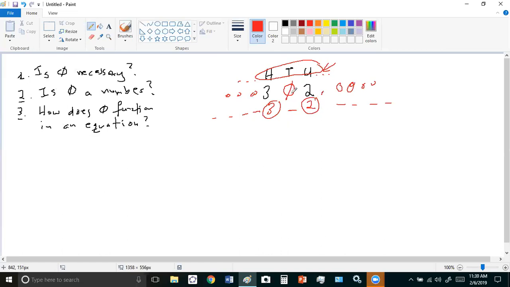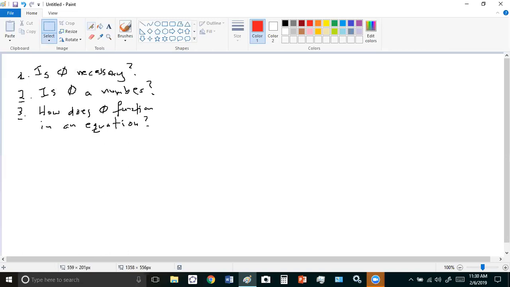Now, is zero actually a number? Well, let's see. First of all, if we have any particular equation, let's say x is equal to x. If we add zero to both sides, what has happened? Nothing, right?